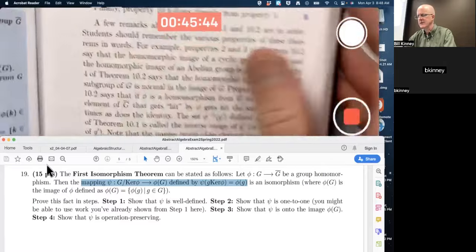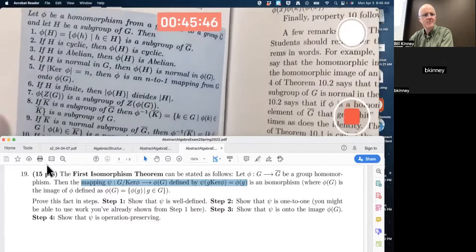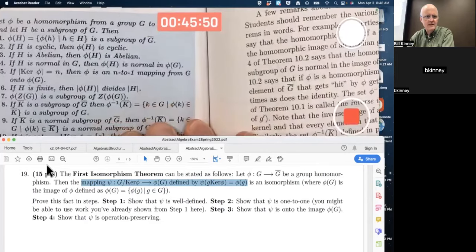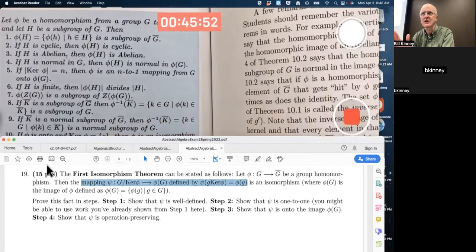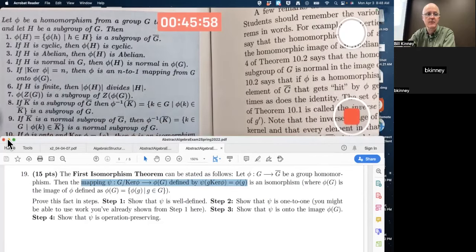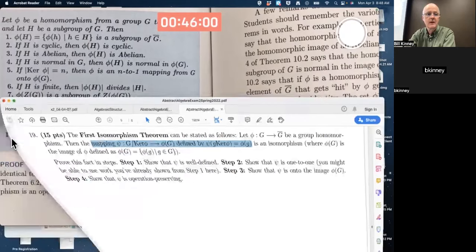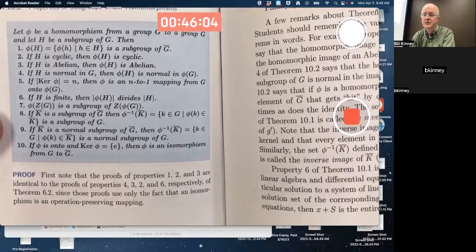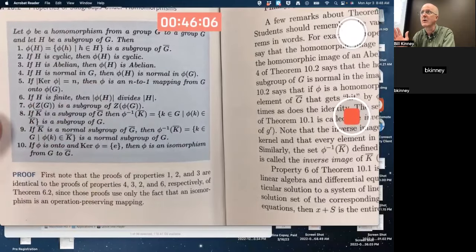And the properties in theorem 10.2. This is properties of homomorphisms again, not isomorphisms. I mean, isomorphisms are homomorphisms, so these are also properties of isomorphisms. But homomorphisms don't have to be one-to-one or onto, so all these can be proved without assuming one-to-one or onto, just using operation preserving.